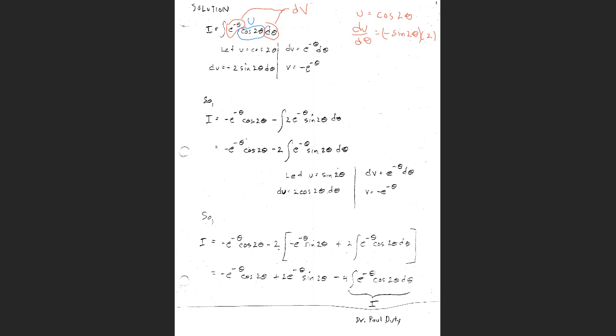And so therefore du is equal to minus 2 times the sine of 2 theta d theta. That's how I get this. And then the antiderivative of e to the negative theta is negative e to the negative theta.